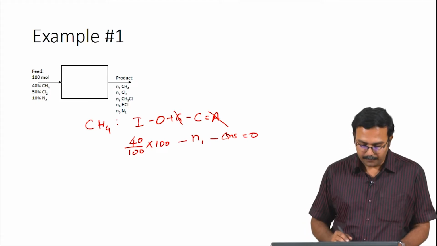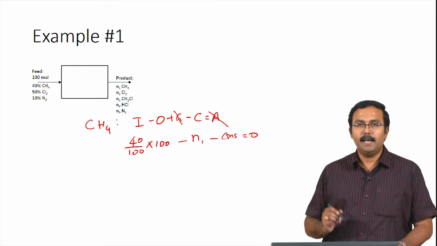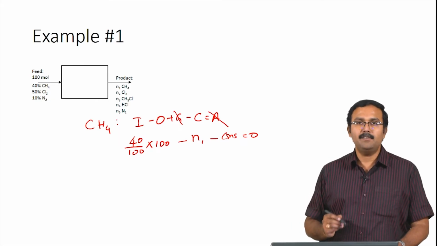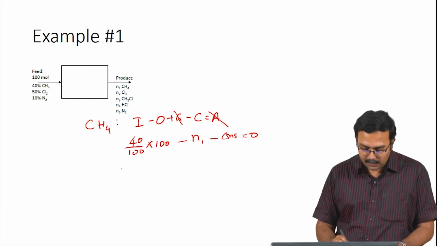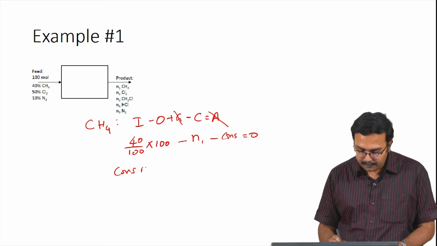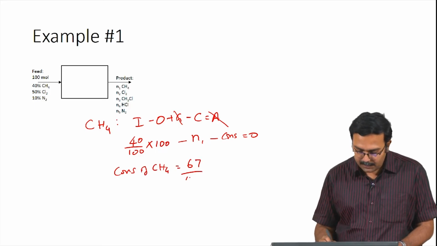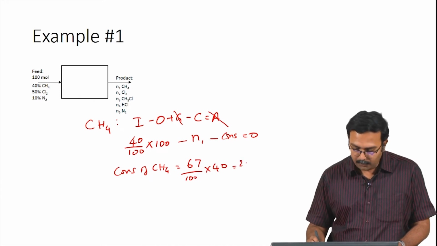minus consumption of methane is equal to 0. Can we calculate the consumption of methane? We know that methane is the limiting reactant, and the problem statement says that 67% of the limiting reactant actually gets converted, which means consumption of methane would be 67% of 40 moles which is fed, giving you a value of 26.8 moles.